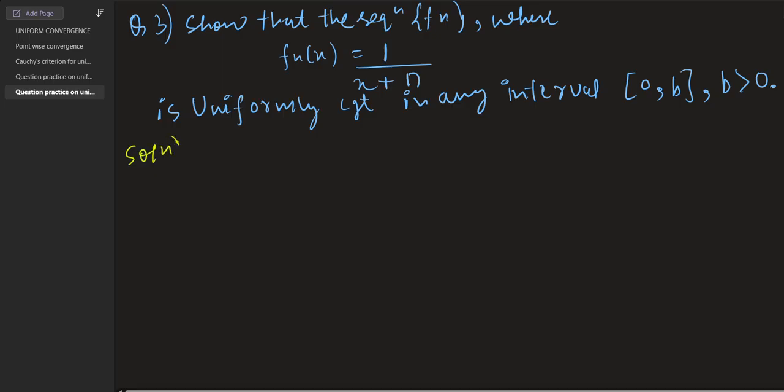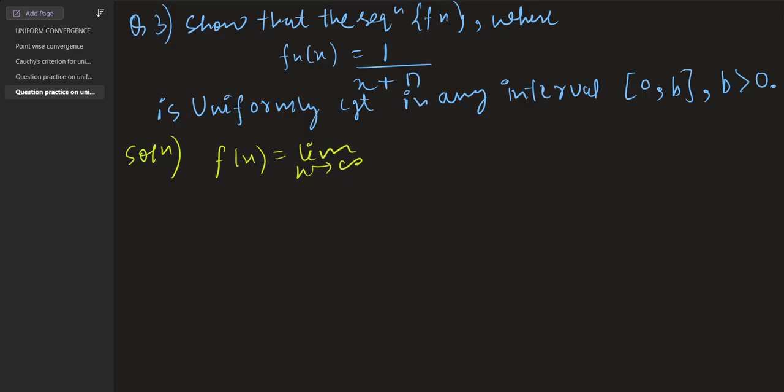Solution: f(x) equals limit n tends to infinity of fn(x), which equals limit n tends to infinity of 1 upon (x plus n), and when n tends to infinity, this whole term goes to 0, so this equals 0.